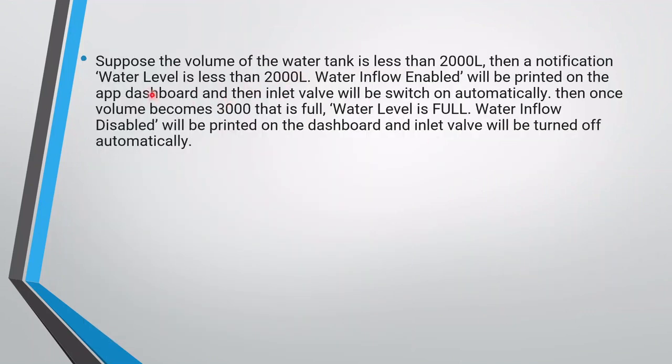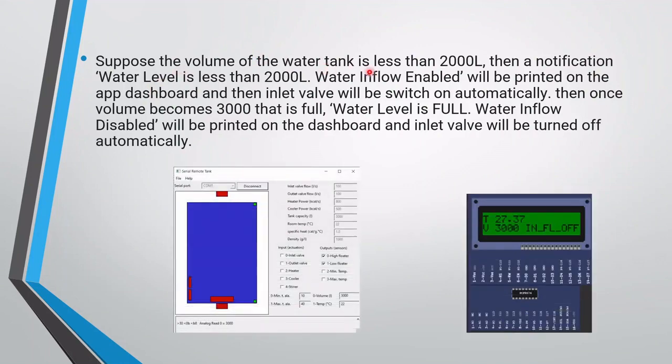Here, suppose the volume of the water tank is less than 2000 liters, then a notification, "water level is less than 2000 liters, water inflow enabled," will be printed on the app dashboard, and the inlet valve will be switched on automatically.